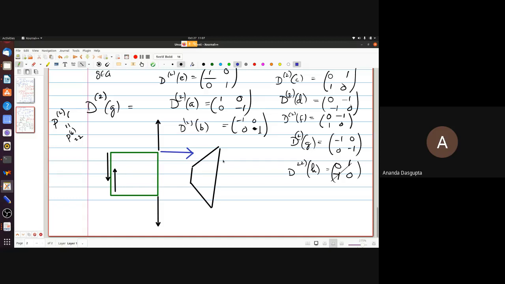I started with the vertical vector, did D2 1 1 on all of them, ended up with this mode. If I wanted to get the other two modes directly, not by starting with this mode and then applying the group operations or so on, or guessing, what would I do?